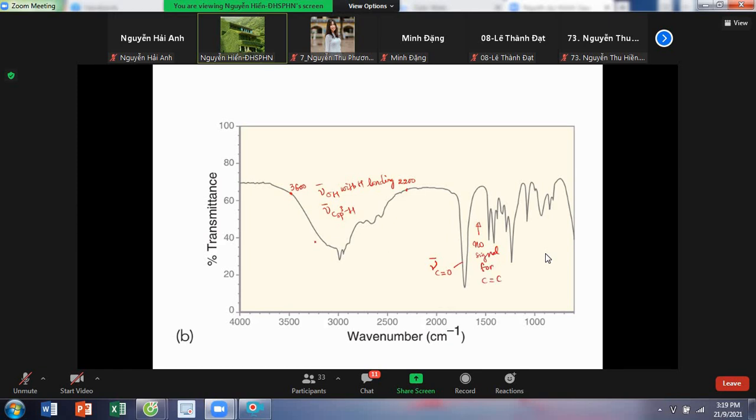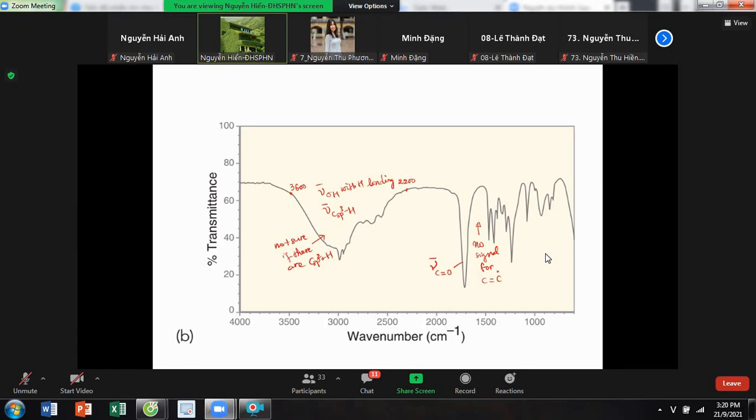In this case we are not sure if we have C sp2-H, but we don't see a CC double bond. So I think it's also saturated. That's right.